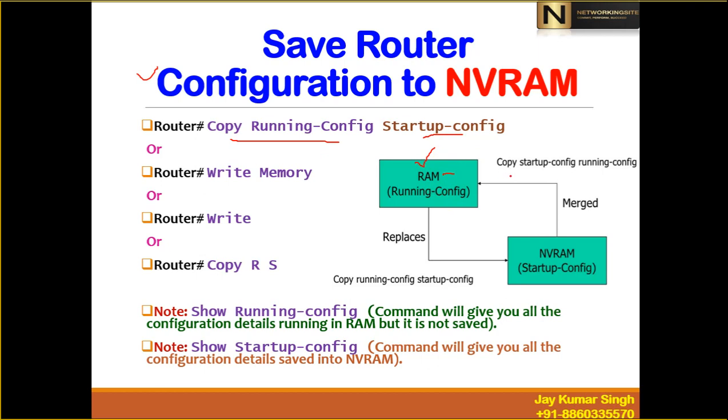So when you run this command, it replaces and saves that information to startup config. So if you are running this copy running config to startup config, it will come here. Now, let me show you one thing here.